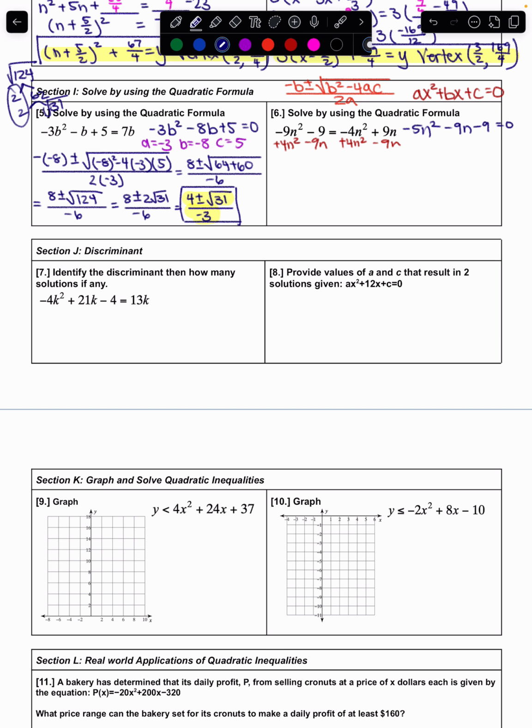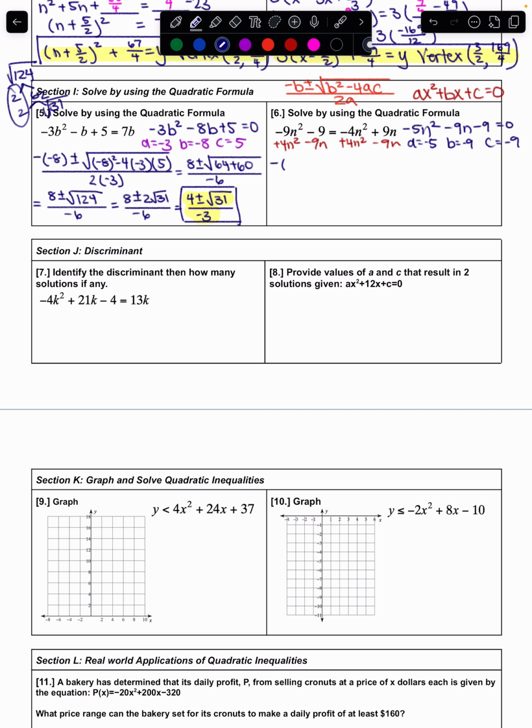Now that it's in standard form, the variable squared, then the x, and then the number, we can go ahead and identify our a, b, and c. So a equals negative 5, b equals negative 9, and c equals negative 9 as well. So I'm just going to plug this in.